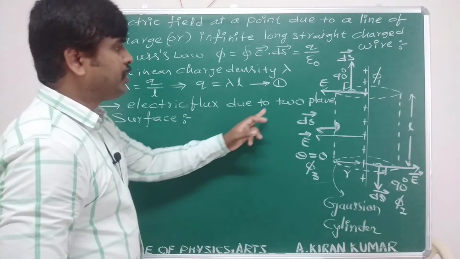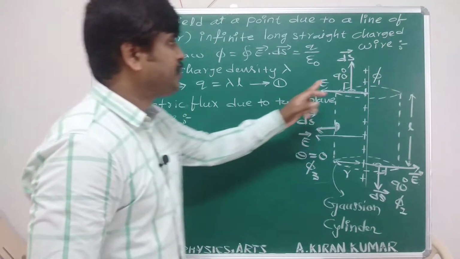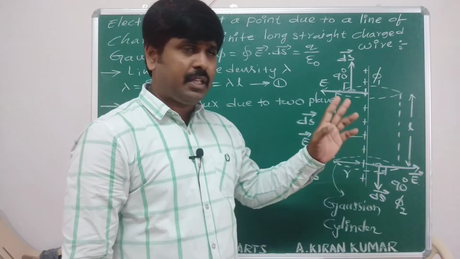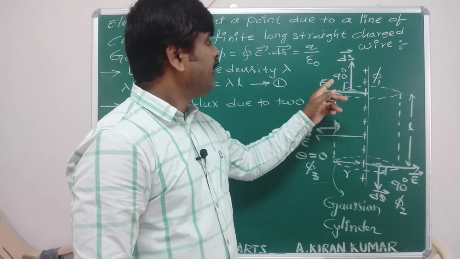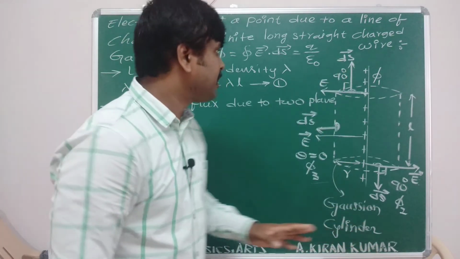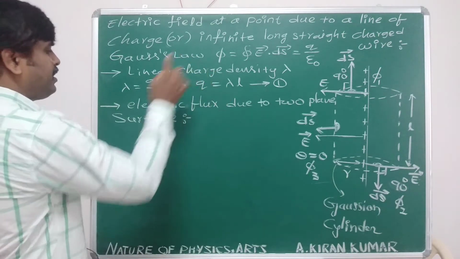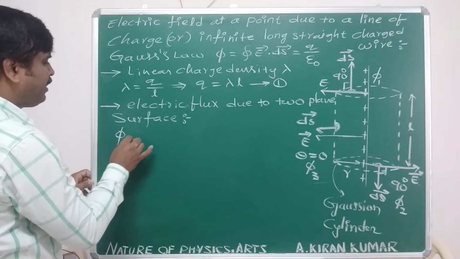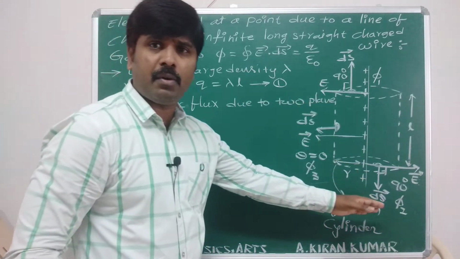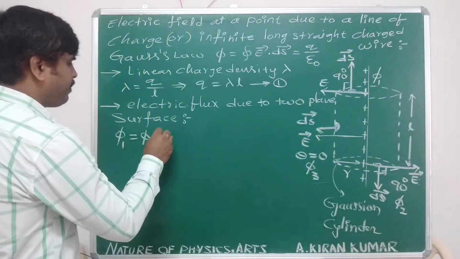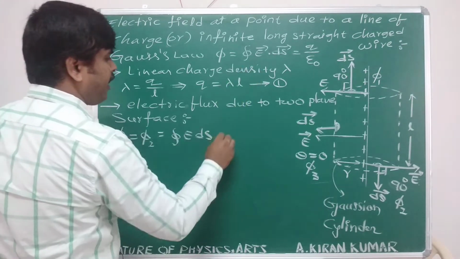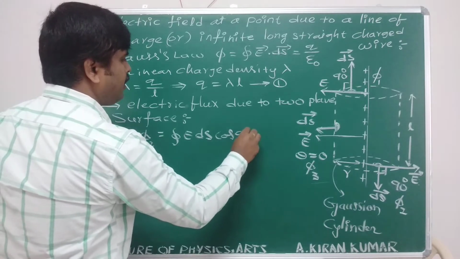Electric flux due to the 2 plane surfaces, that is phi 1 and phi 2. In these two situations, the electric field vector and ds bar are mutually perpendicular to each other. So we can write electric flux phi 1 is equal to phi 2 is equal to closed integral E ds cos 90 degrees.